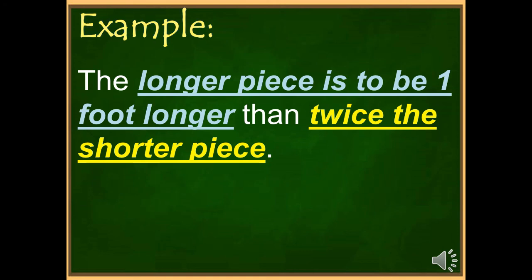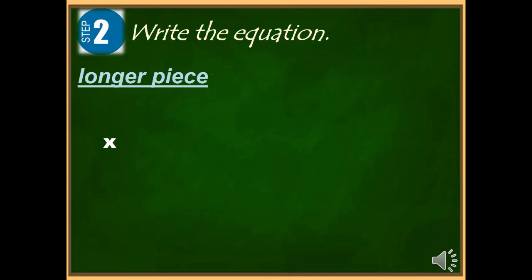We will formulate the other one based on the condition of our problem. According to its additional condition, the longer piece is to be 1 foot longer than twice the shorter piece. Translating this statement into a mathematical equation, the longer piece is represented by X. The longer piece is to be 1 foot longer.